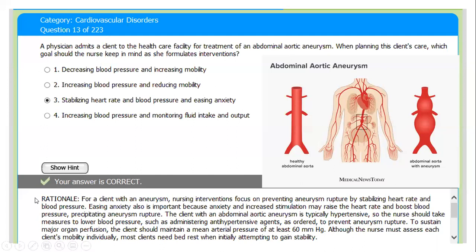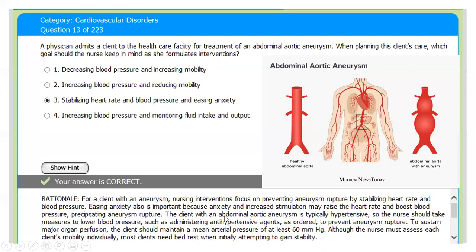Let me read the rationale. For a client with an aneurysm, nursing interventions focus on preventing aneurysm rupture by stabilizing heart rate and blood pressure. Easing anxiety is also important because anxiety and increased stimulation may raise the heart rate and boost the blood pressure, precipitating aneurysm rupture, right?